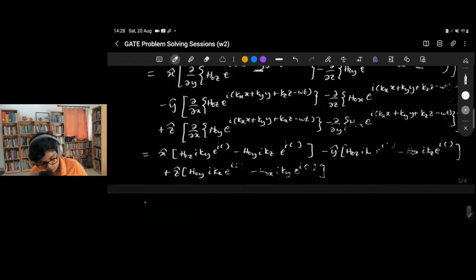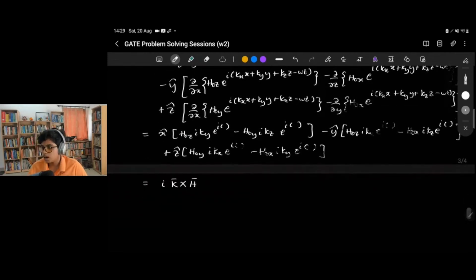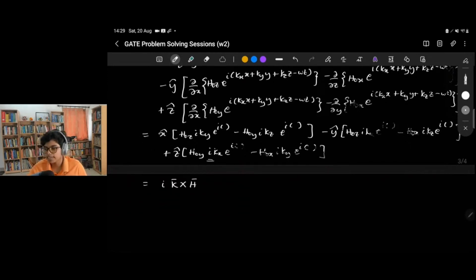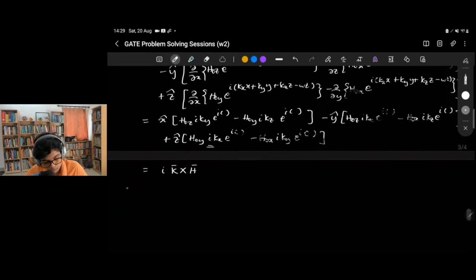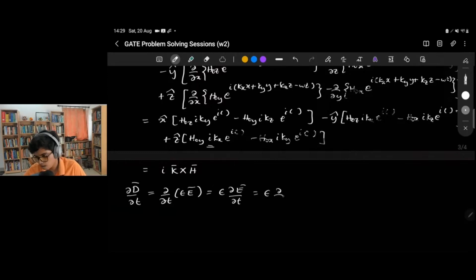Similar to the previous Maxwell's equation, you would notice that this is nothing but i times k cross H. i is common throughout all these terms, and the remaining part is k cross H. The right hand side of the fourth Maxwell's equation is del D by del t. D is nothing but epsilon E, and epsilon is constant, taken outside. What comes out from the time derivative would be minus i omega.